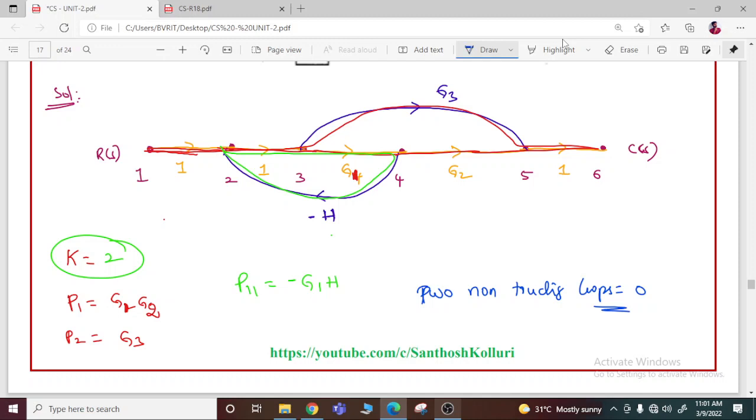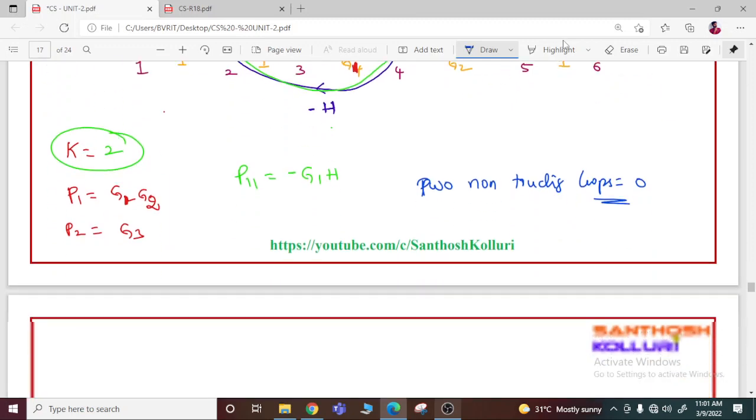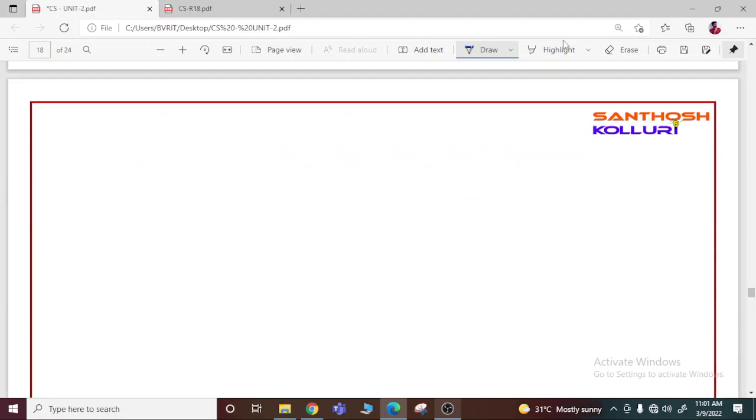And the part of the graph which is non-touching with this is the calculation of delta 1. This first forward path touches all the nodes, and the second forward path is like this, and there is no part of the graph which is non-touching with this signal flow graph. So it's very simple to write now. The transfer function T can be written as P1 delta 1 plus P2 delta 2 divided by delta.